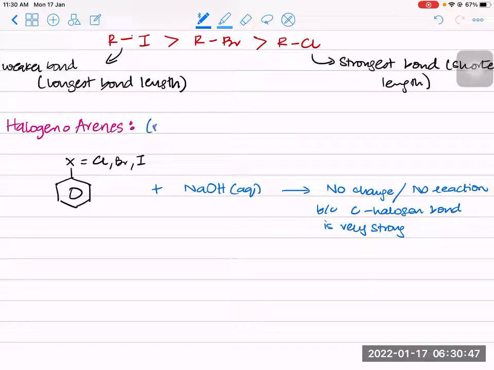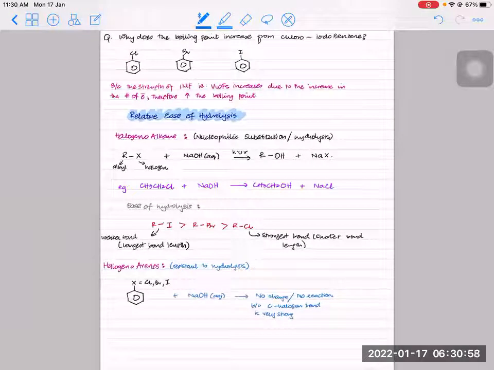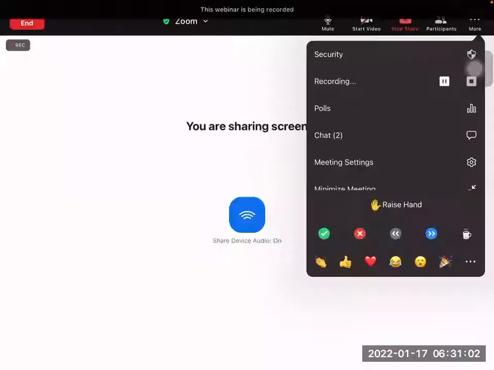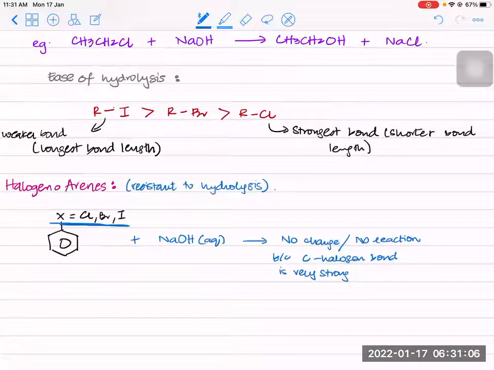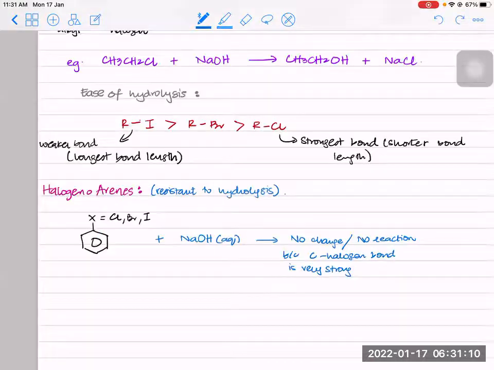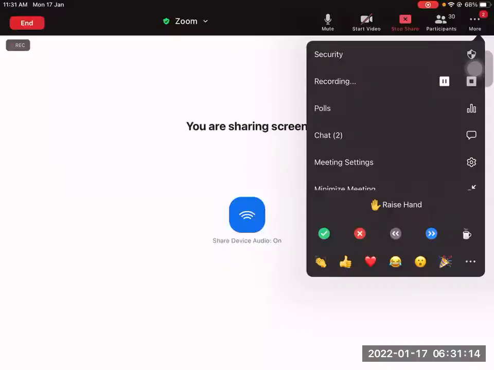Yes, halogenoarenes are resistant to hydrolysis. Is this clear? Do you guys understand? And why are they resistant to hydrolysis? Because of the strong bond. Why is the bond strong? Due to the lone pair overlapping with the p orbital, the pi ring.